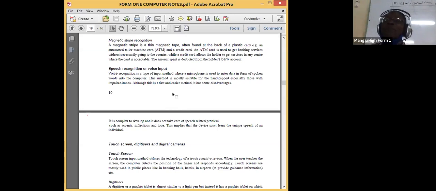We call them bits. And then they are stored in the storage in the form of bits. So voice is captured into the computer system using a microphone. The words are captured, transformed into bits, and then stored.